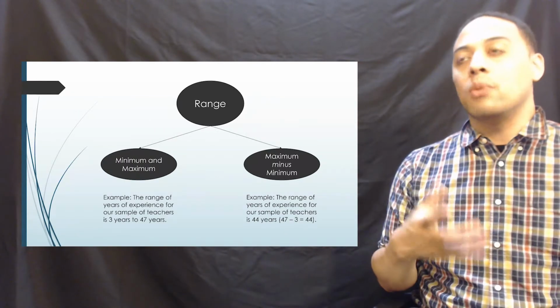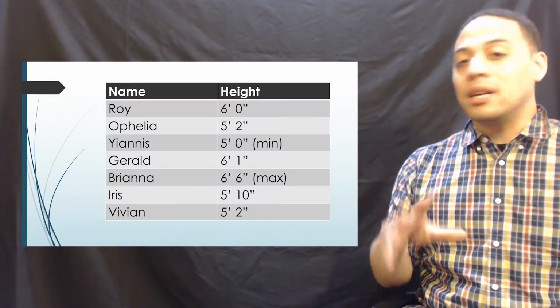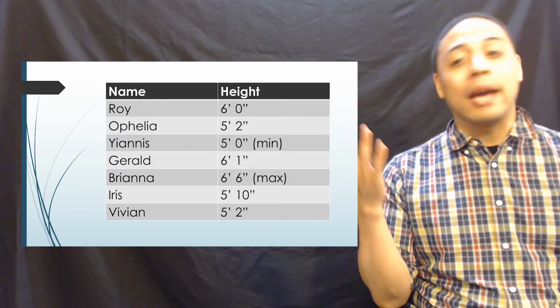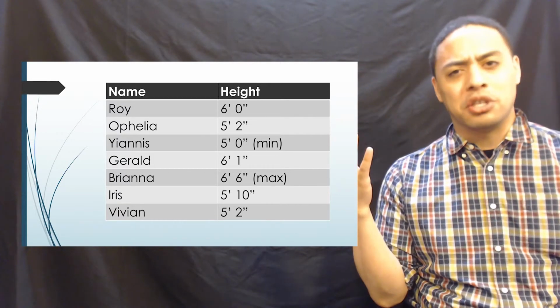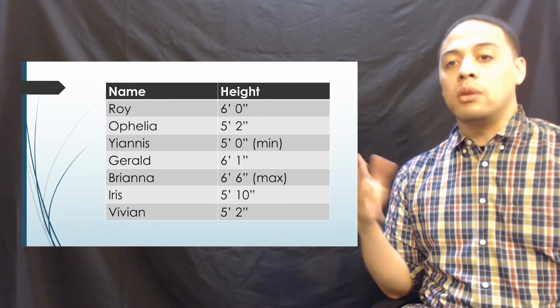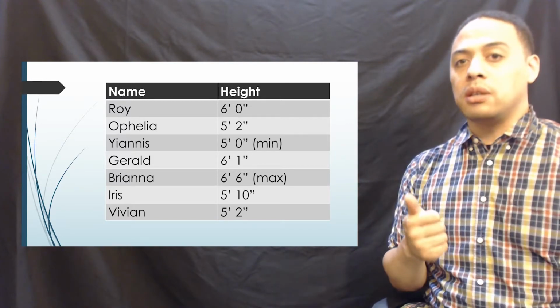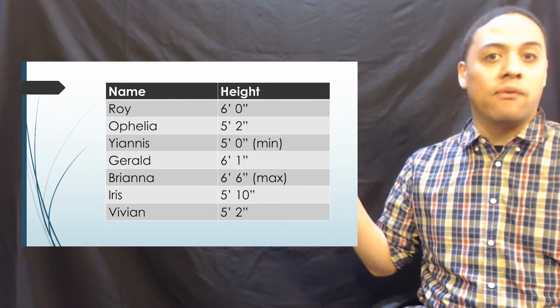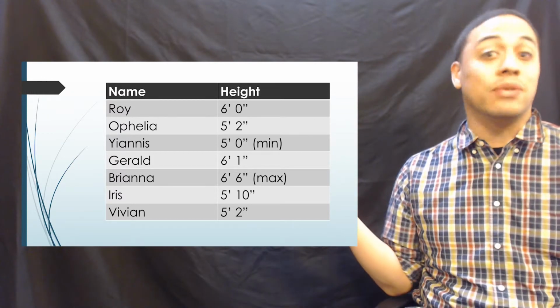So let's say we have a whole bunch of data like we have here for people's heights. Let's say it's height in inches for a whole bunch of students. Well, the range for this, one way to present it would be to say that the minimum is 5 feet and the maximum is 6'5".